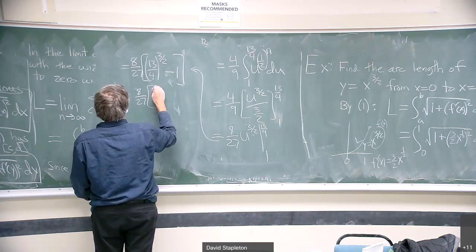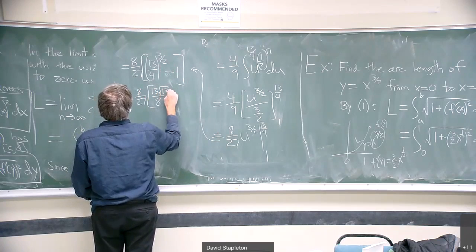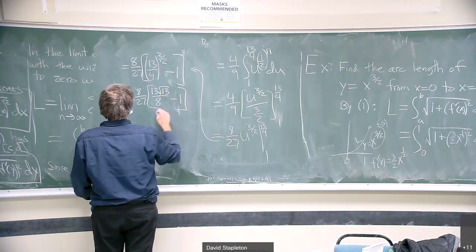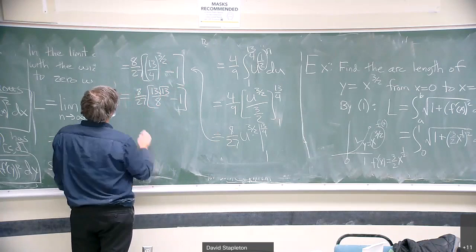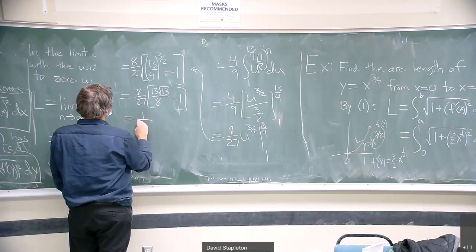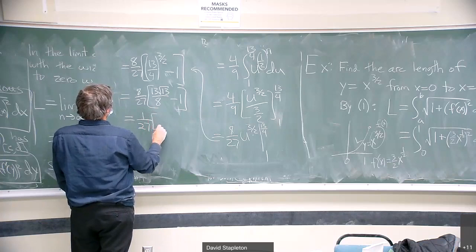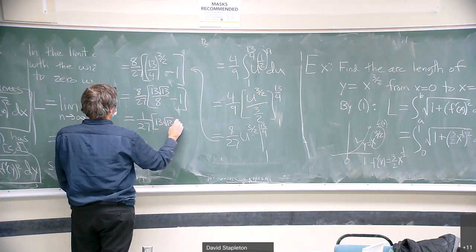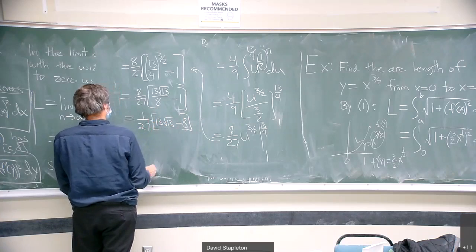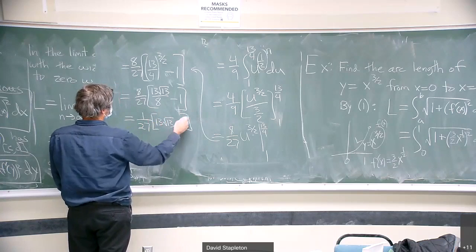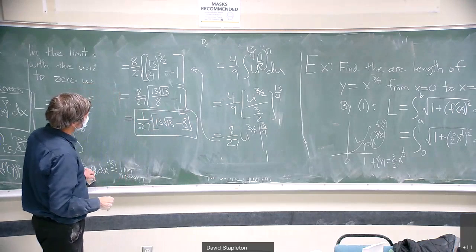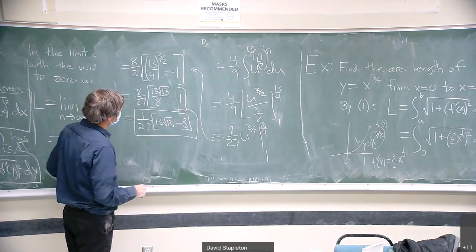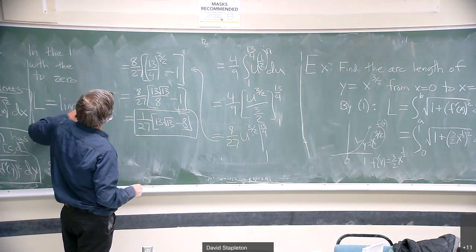And 13 to the 3/2 is 13 square root of 13. So you get this result. You might go ahead and multiply this 8 in here now and say, well, this is 1/27 times 13 square root 13 minus 8. I would write it that way, or you just put this whole thing over 27. There we go, the arc length of that curve exactly. But you notice we had to pick a nice function to be able to do it. How about that?